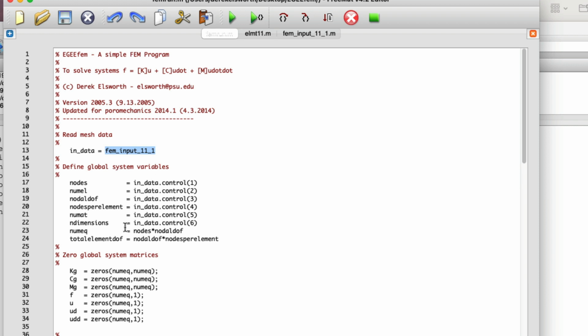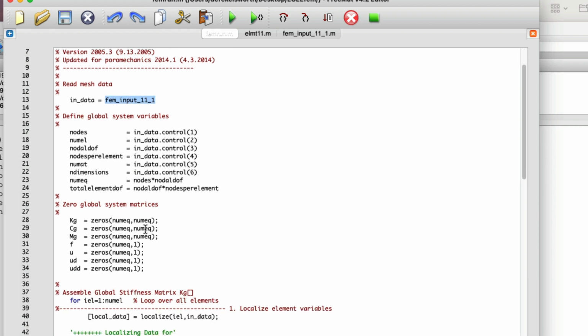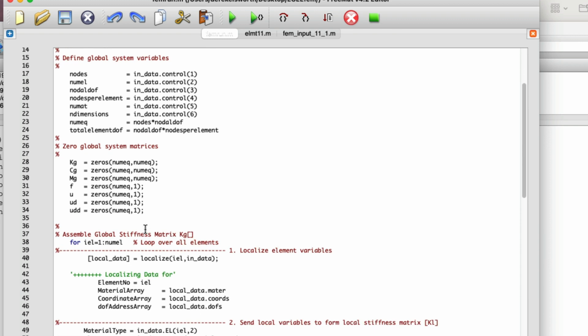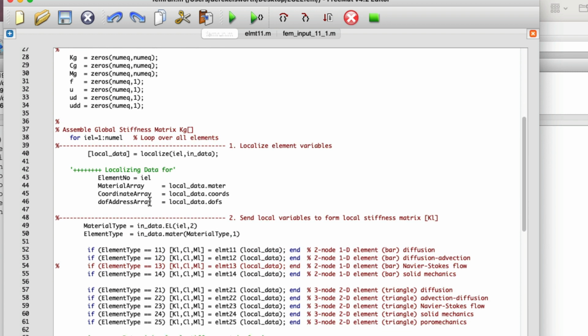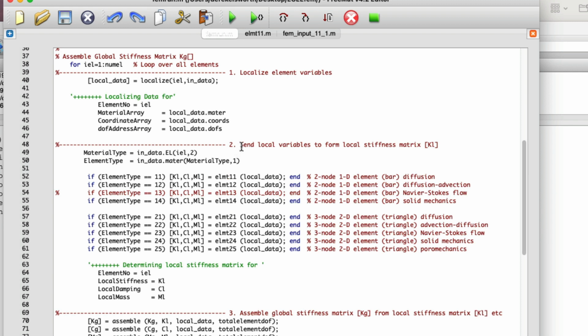It absorbs the data in a standard way. It zeroes out some matrices, and then it does this localizing. It goes to the data and defines what the material properties are for the particular element. It sends those variables to the element subroutine to make the matrix equations that form that element, and then comes back to the main program.